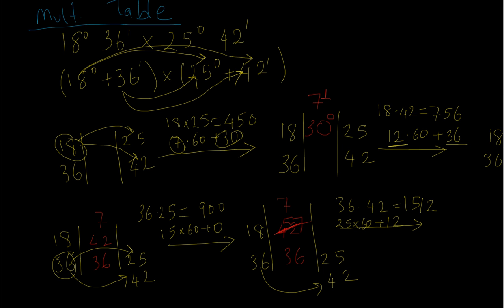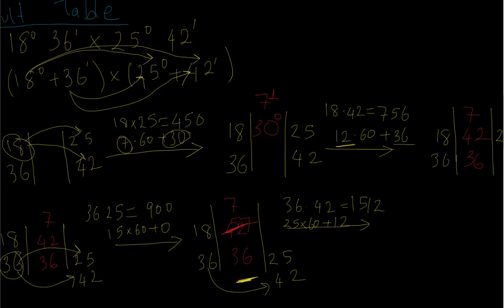This means that the correct position for this product, when you multiply minutes by minutes, is seconds, and this is the position for seconds. So the result will start here and possibly go up, and since it is greater than 60, it will go up, and 12 will be here, and 25 will be added to 36.